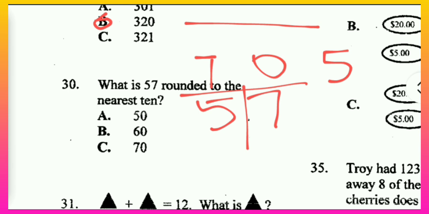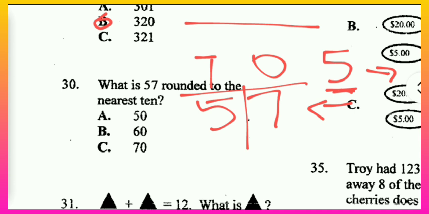Once it's 5 or more, you go to the next number. If it's less than 5, you move to the number before. So remember, if it's 5 or more than 5, you move up to the next one. If it's less than 5, it remains, or you go down depending on what you're doing.